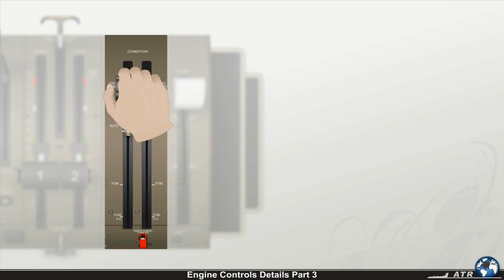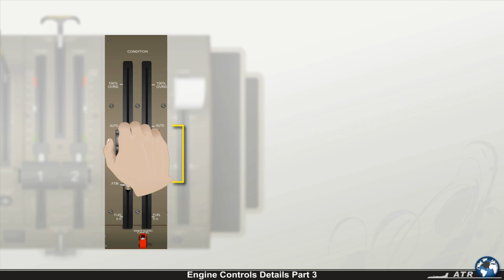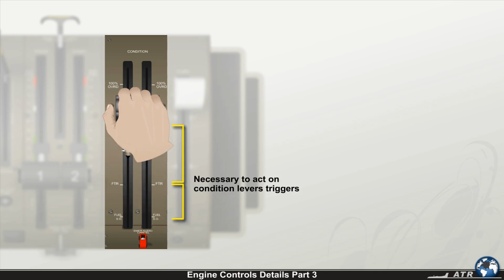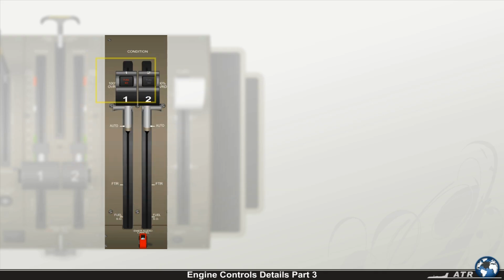To select the condition lever from auto to feather, and from feather to fuel shutoff, it's necessary to act on the condition lever's triggers. A red light on top of each condition lever will illuminate in case a fire is detected on the associated engine, provided the condition lever is not in the fuel shutoff position.